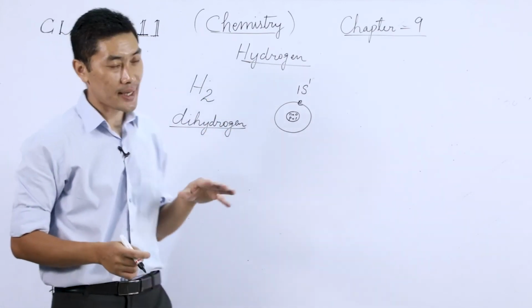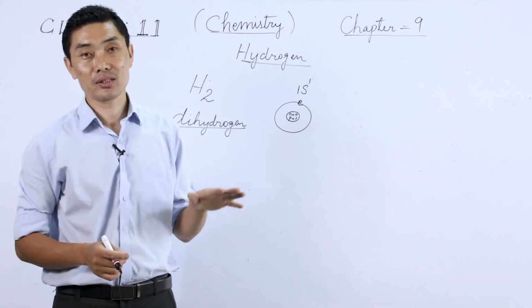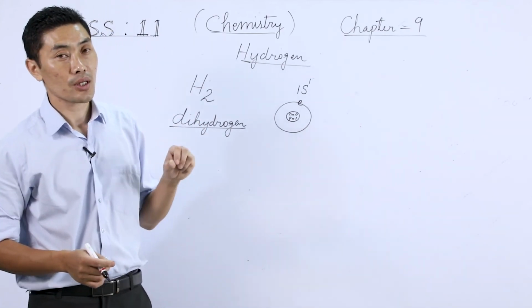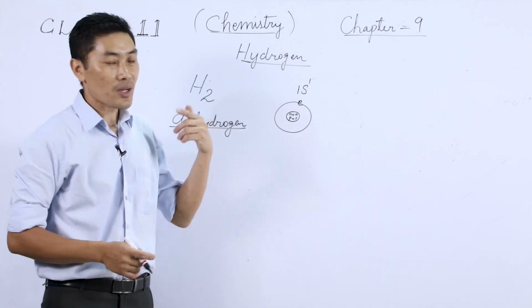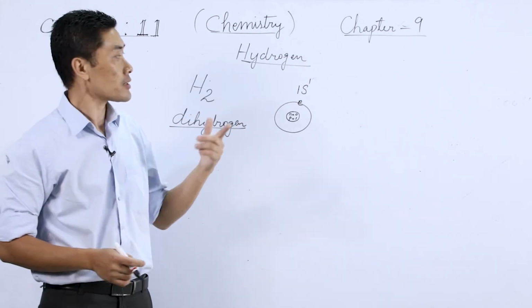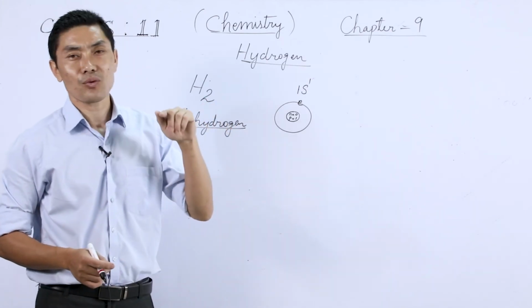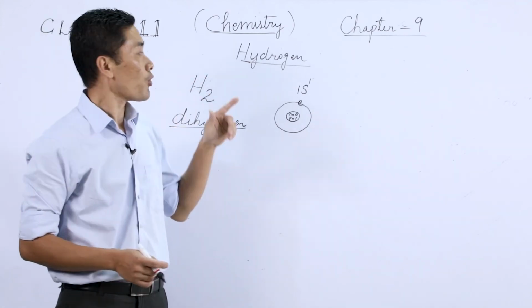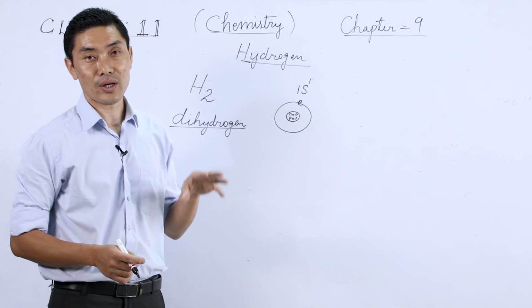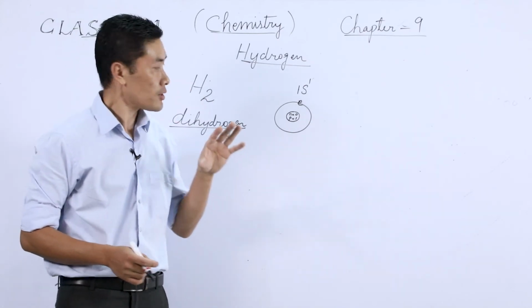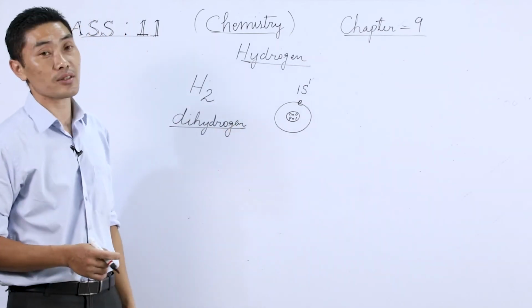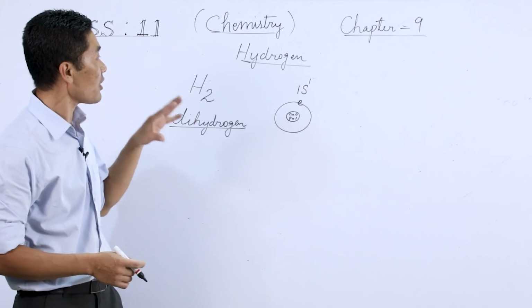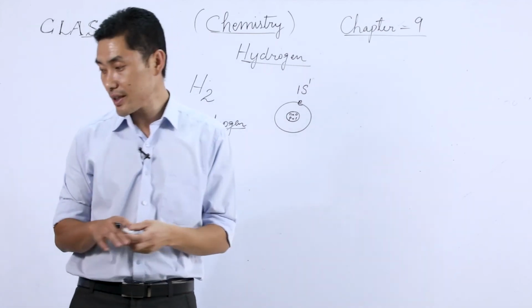The study of hydrogen is very important because it is one of the most sought after elements, and it is one of the important sources of energy for the future, and therefore the study of hydrogen becomes very important.